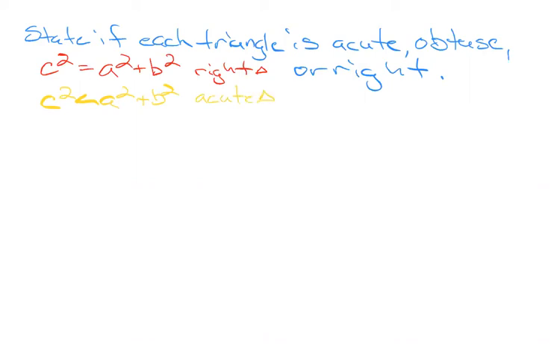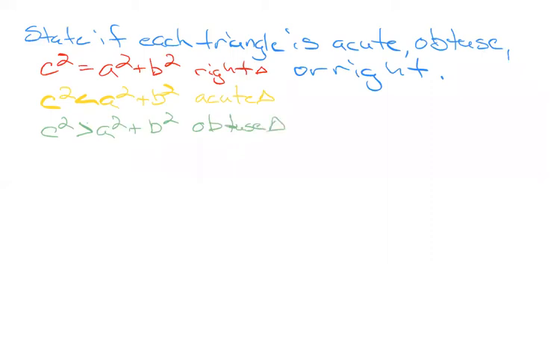And then if you have c squared is greater than a squared plus b squared, then you have an obtuse triangle. So those are the cases that we're looking for.